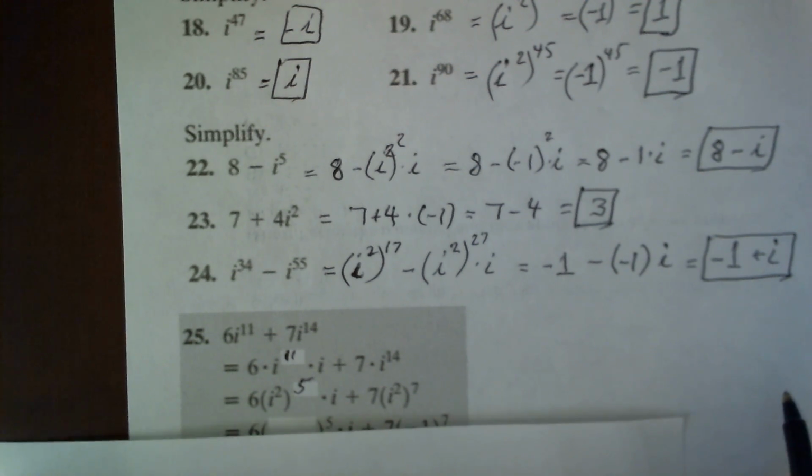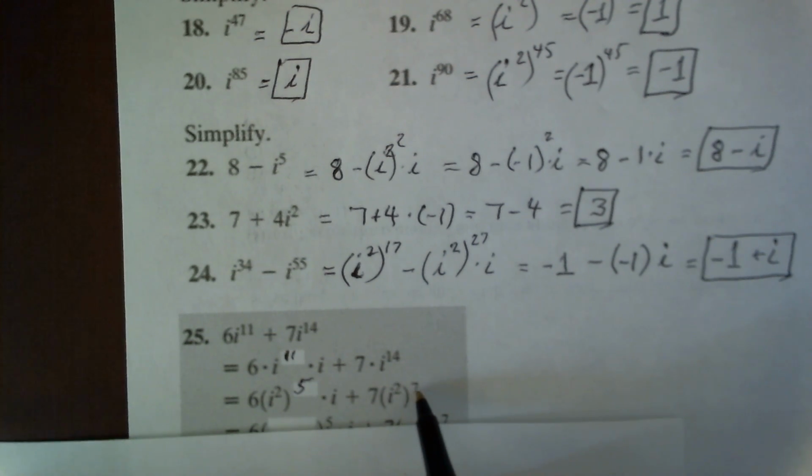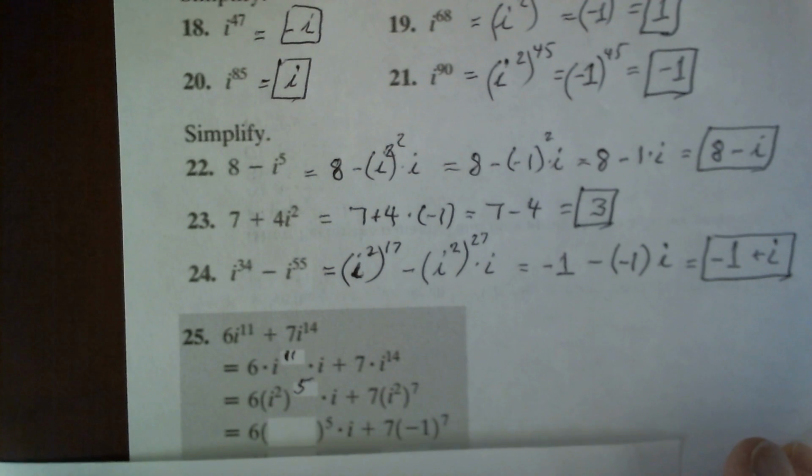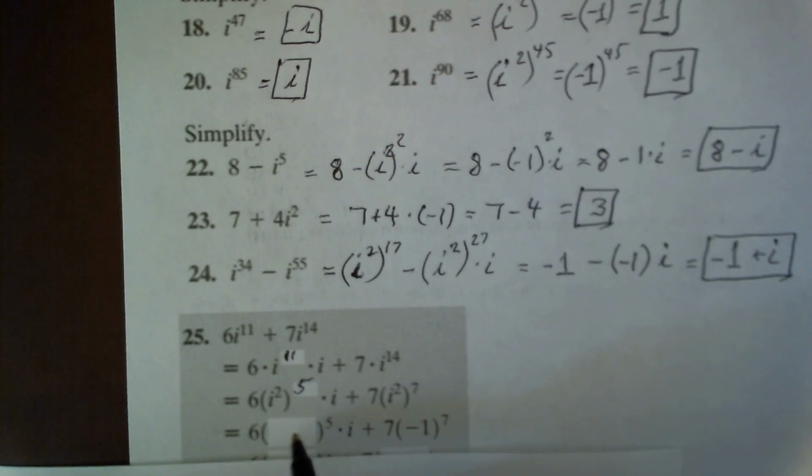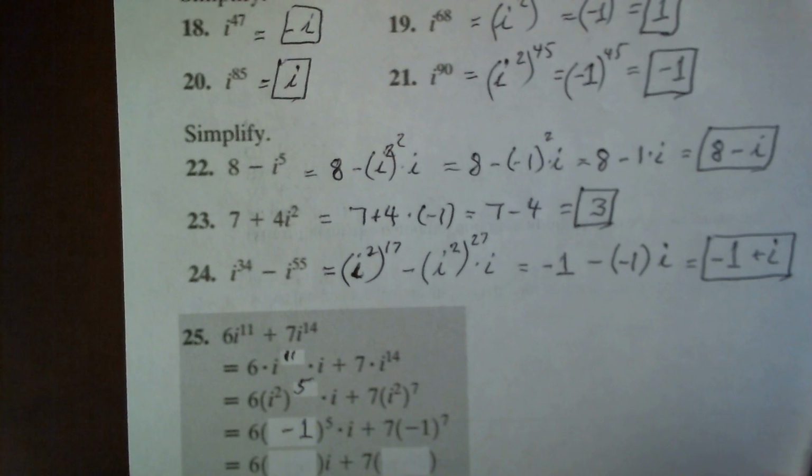And so here we can write 14 as i squared to the 7th power. So now, since i squared equals -1, this becomes 6 times -1 to the 5th power. And then 7 times i squared equals -1 to the 7th power. And so -1 raised to an odd power is equal to -1. 6 times -1 times i.